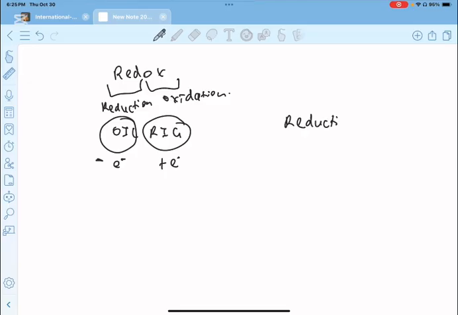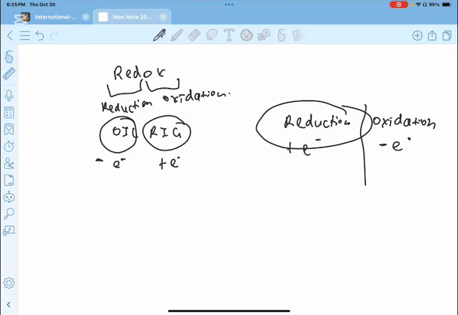Let's try it here, reduction and oxidation, okay? Oxidation is going to be a loss of electrons, so minus of electrons. Reduction is going to be a gain of electrons, okay? Now, in terms of oxidation number, what is oxidation and what is reduction?